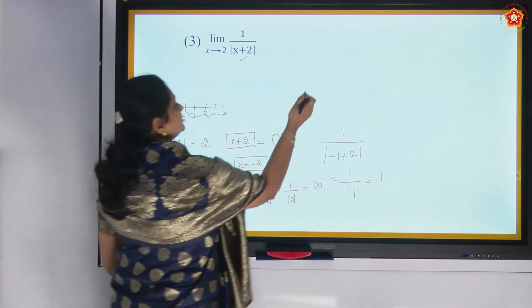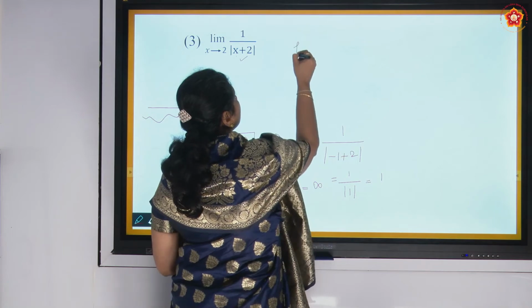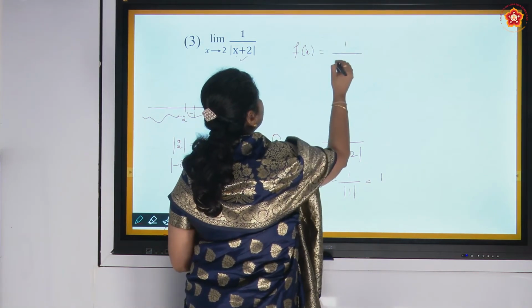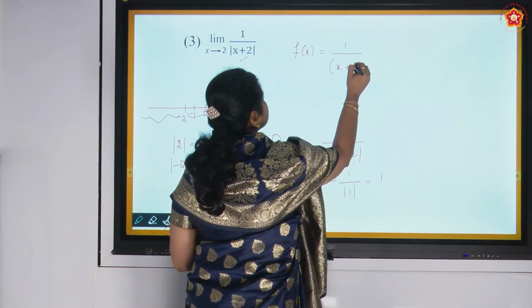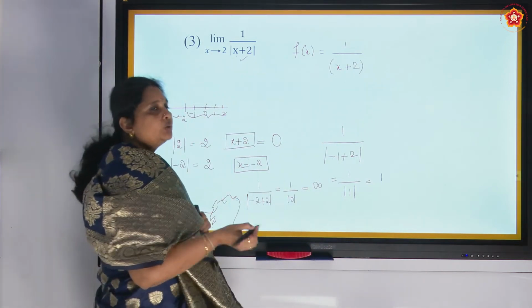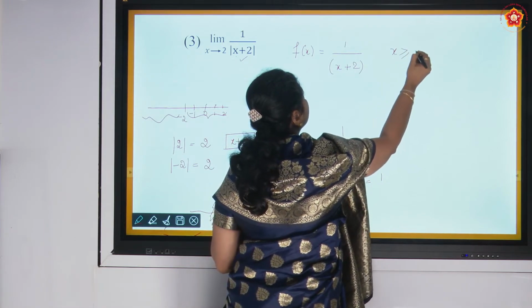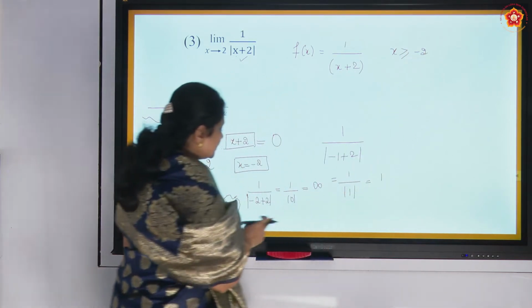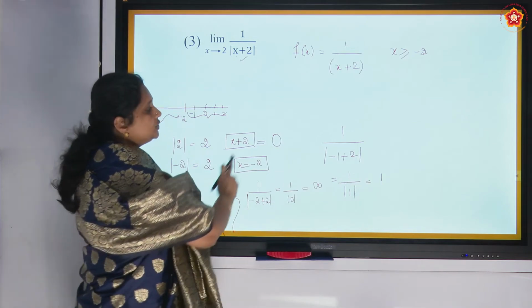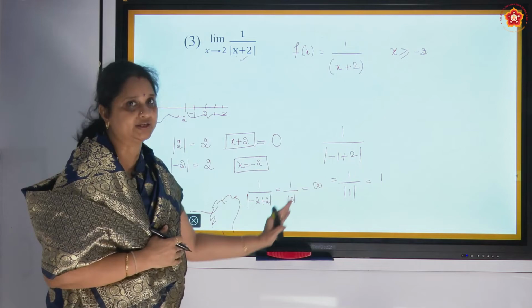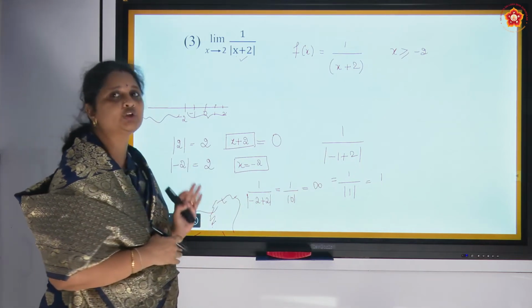So, let me first define the function now. f of x is going to be equal to 1 by x plus 2 without any changes to it when x is greater than or equal to minus 2. At minus 2 also I did not do any change, and for greater than minus 2 also there was not much change to the function when we substituted those values.